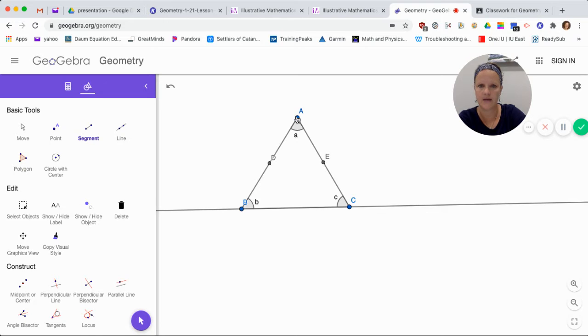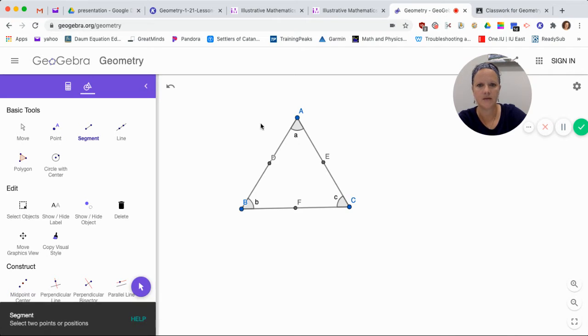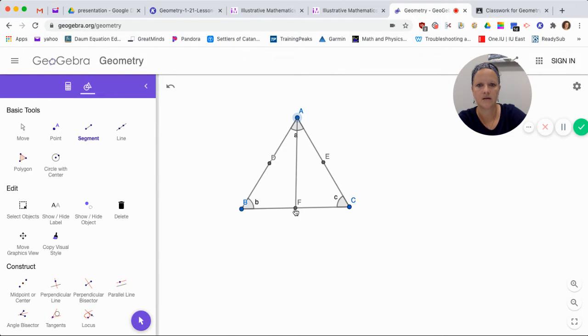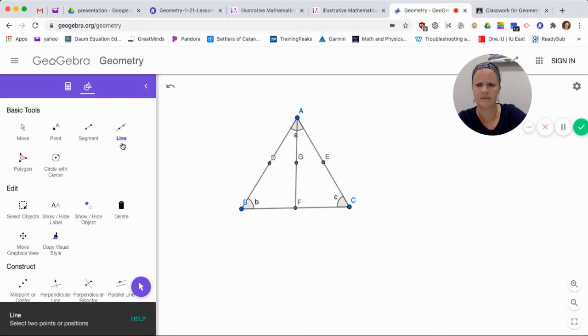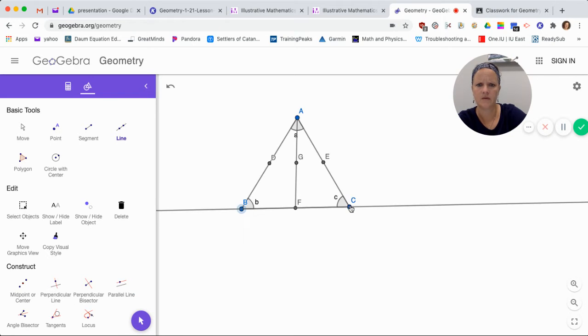Why did that go away? That's weird. Midpoint of that side. There it is. Segment. And then I want a midpoint of this. Okay. Now I'm going to redo that line through here.